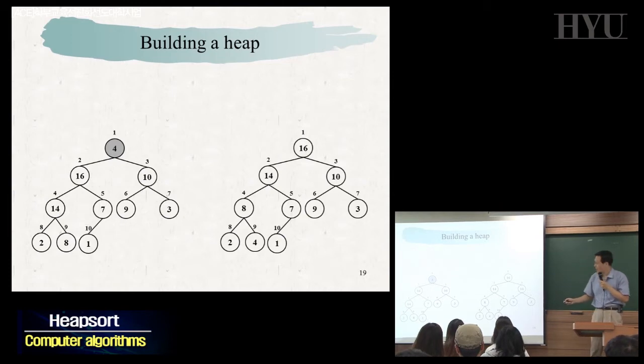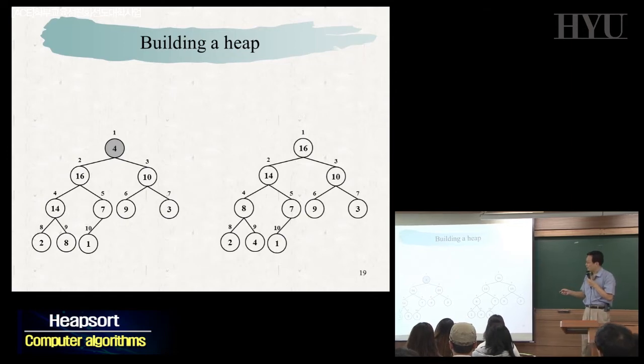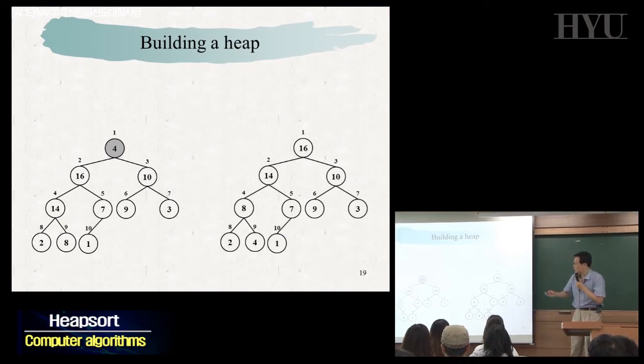Okay? Then we apply max Heapify to this root. Then in what path does this element float down? Okay, can you tell me the path it floats down? Okay, first 16.